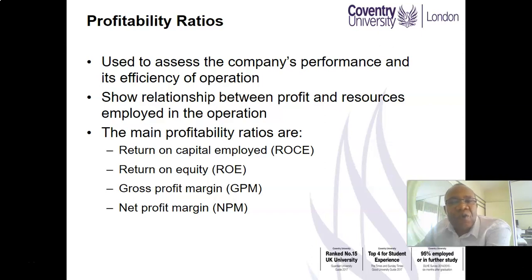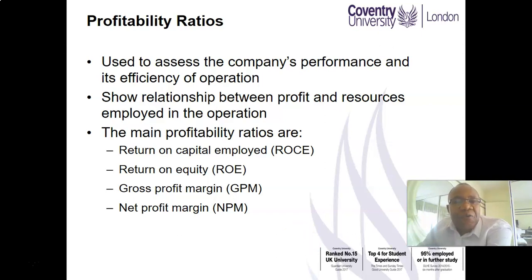So therefore, we need to be able to assess the performance of the company as well as its efficiency of operation. So therefore, the profitability ratios will help us to show the relationship between the profit as well as the resources employed by the company in its operations.